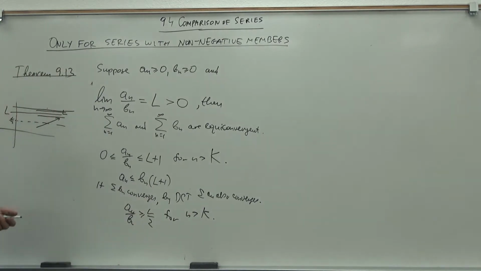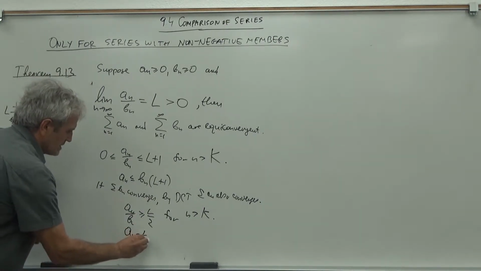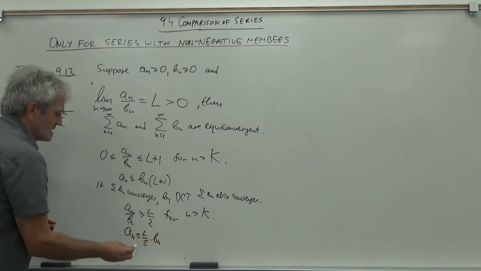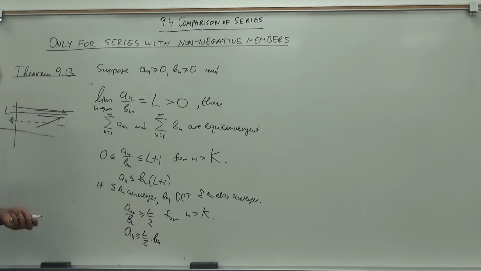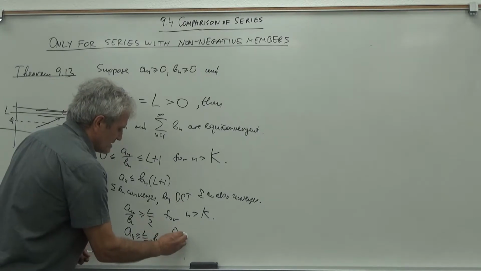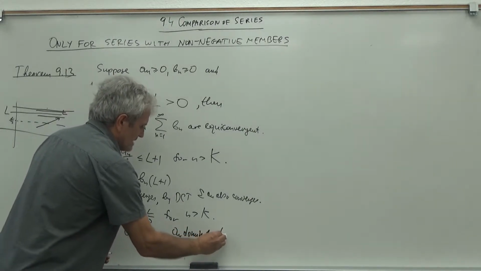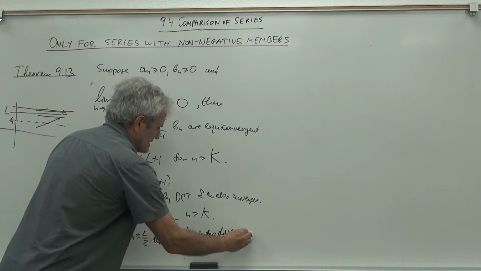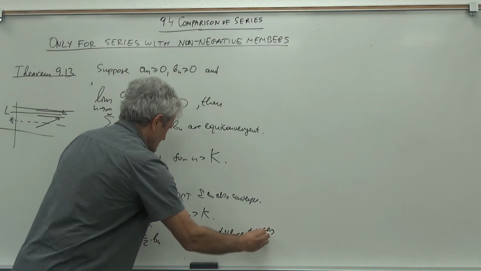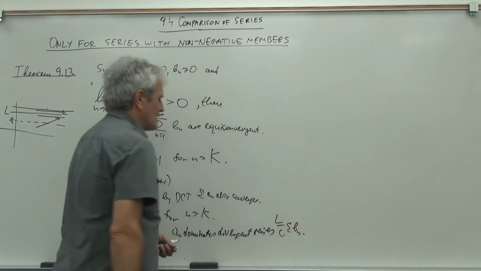That k is not the same one, and then we get the same thing, an greater or equal to L half times bn. Then when you multiply a divergent series by L half, if L is not 0, then it's also divergent, so an dominates. It's a divergent series, L half sum, so it diverges as well.